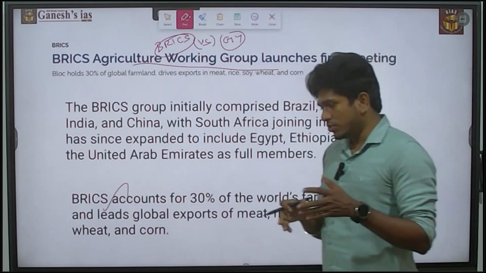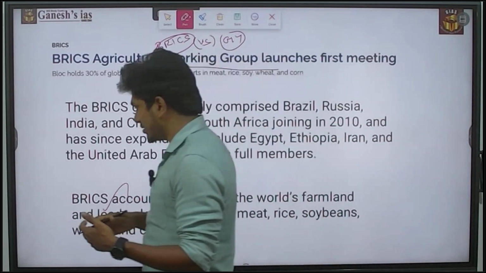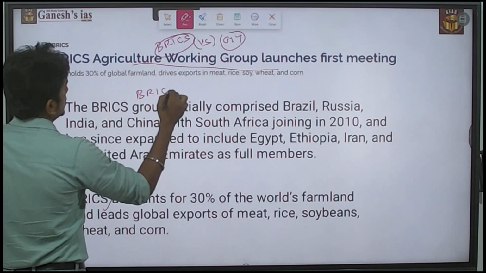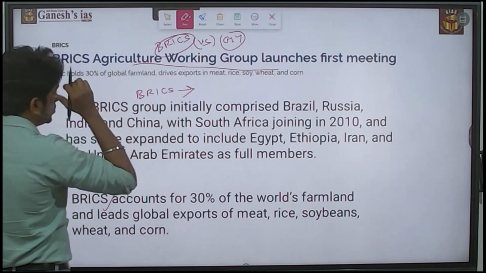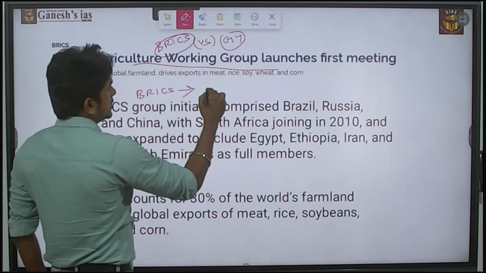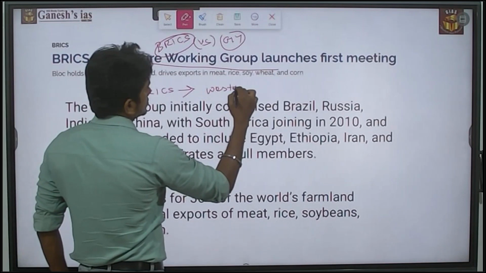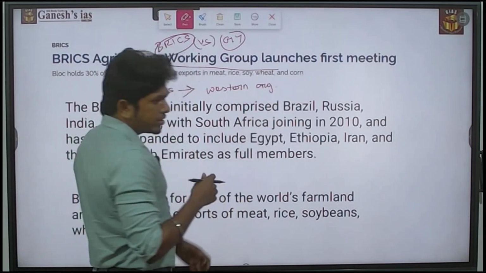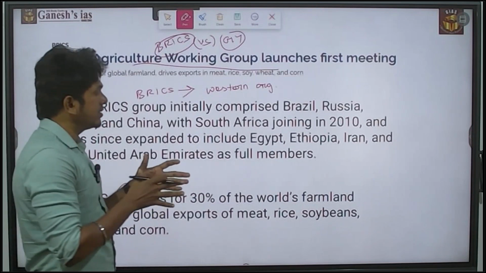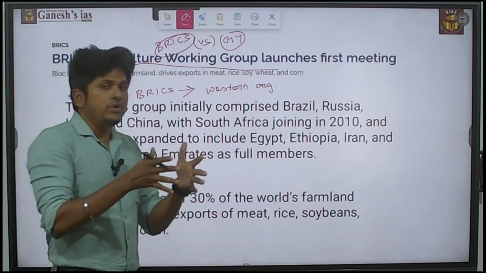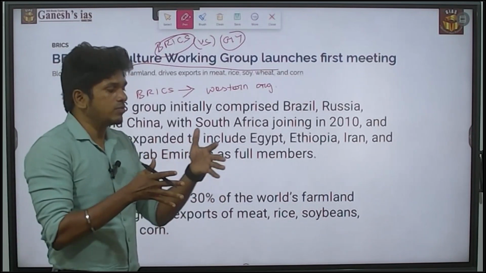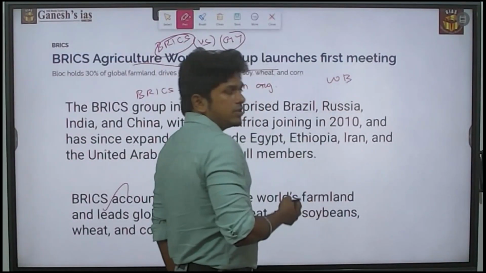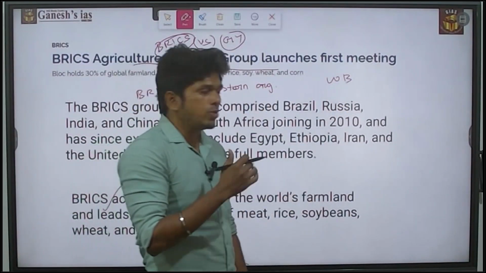First of all, you have to know something about what this BRICS is. The motto of BRICS is to stand against Western organizations, or rather international organizations that are mostly dominated by Western countries. For example, the World Bank is dominated by the US and the European nations.